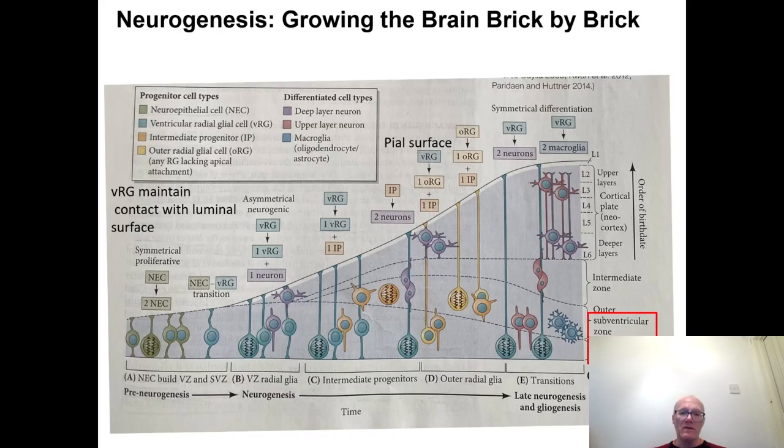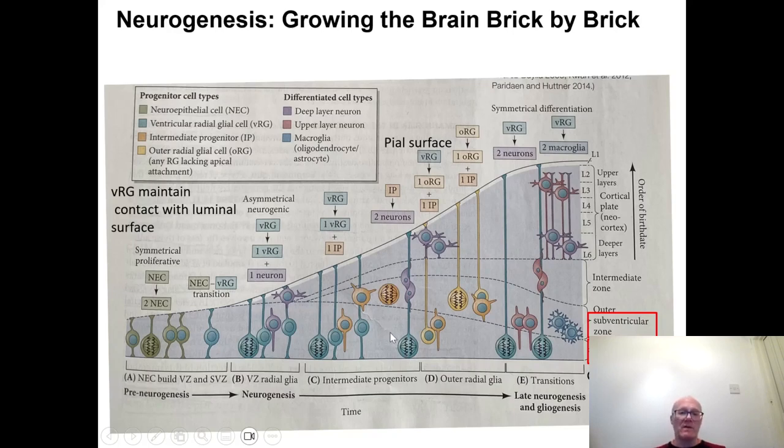So we found the body of the ORG not in the ventricular zone, but in the subventricular zone. Please notice how both the ventricular radial cell and the outer radial cell, and from time to time even the intermediate progenitor cells, have this structure, this protrusion that binds to the external part of the developing and growing brain.